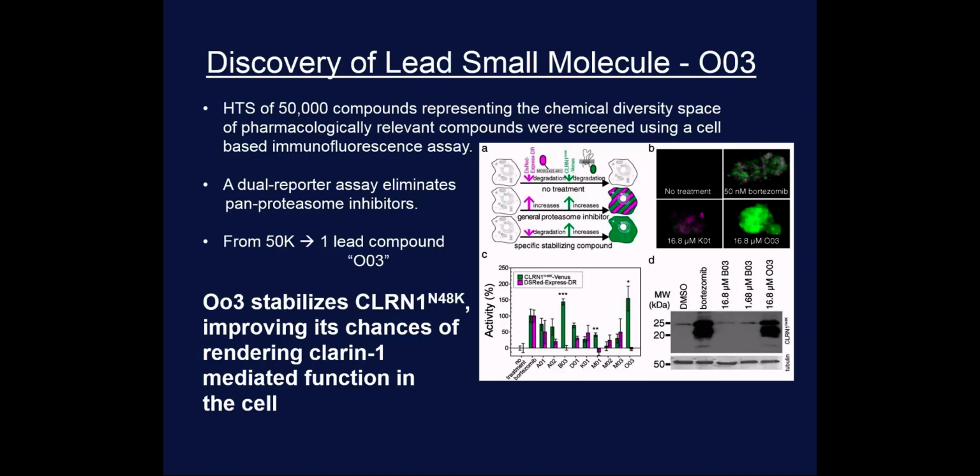This compound stabilized Clrn1 N48K, and it was found not to be a proteasome inhibitor. So it was stabilizing Clrn1 N48K, and a portion of the protein was seen at the membrane in the presence of this small molecule. So this molecule, O03, is a lead compound.